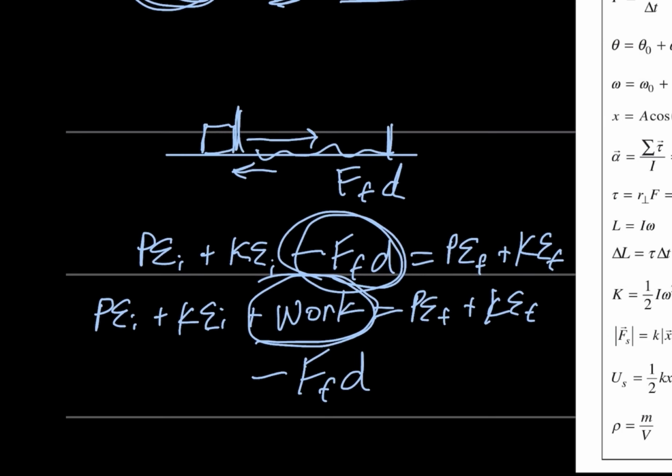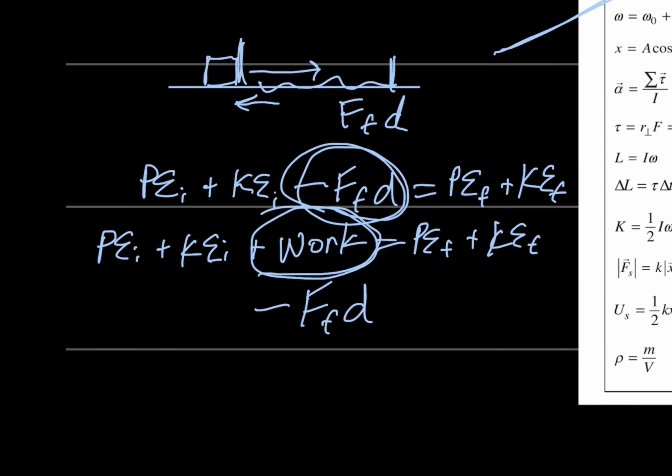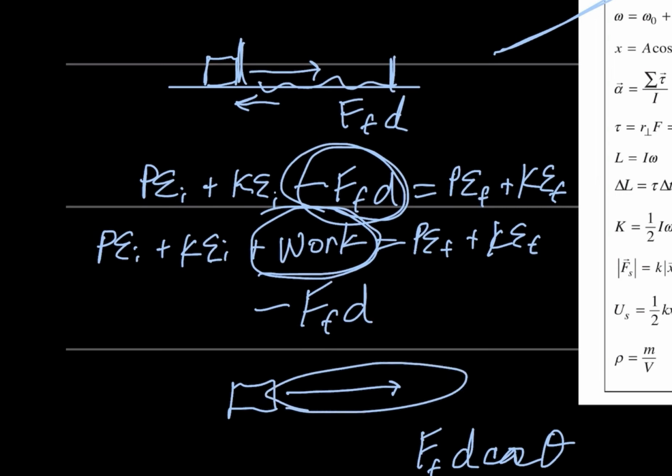So actually, not to confuse you too much, but it really is the case that we are using that cosine of theta, because if the box is moving this way, and the work done on the box is the force of friction times the distance through which it's applied, times the cosine of the angle between the motion and the force, well, the motion is this way, and the force is this way. So the angle between the motion and the force is 180 degrees.